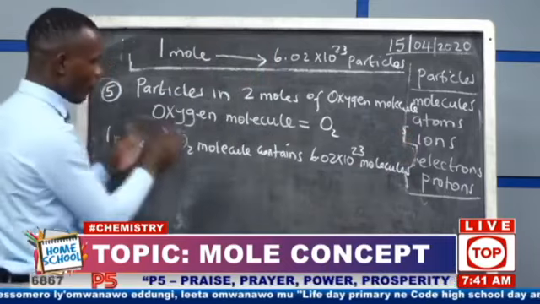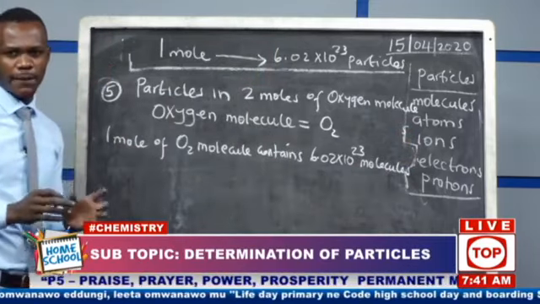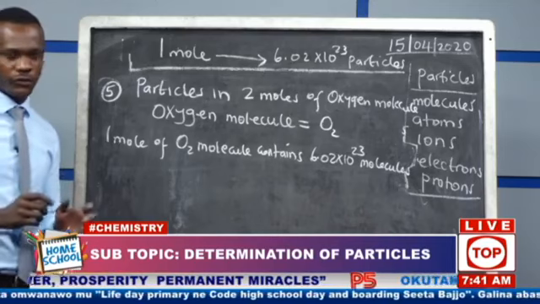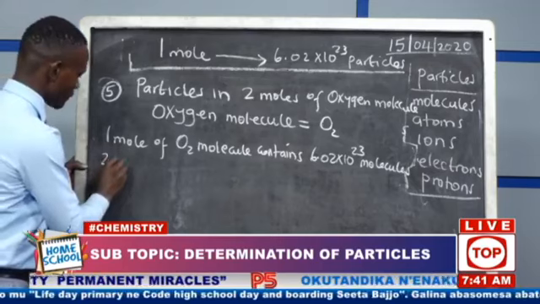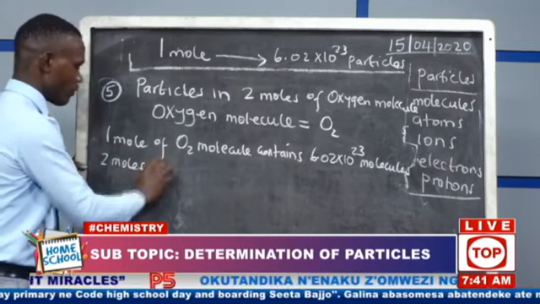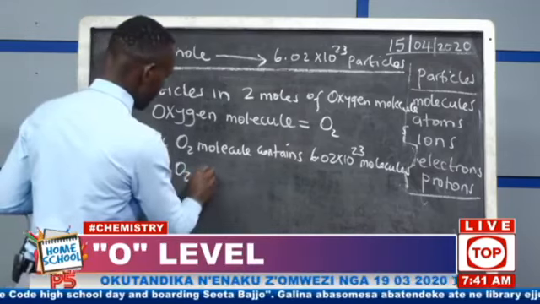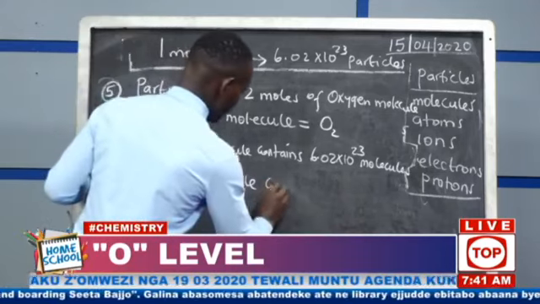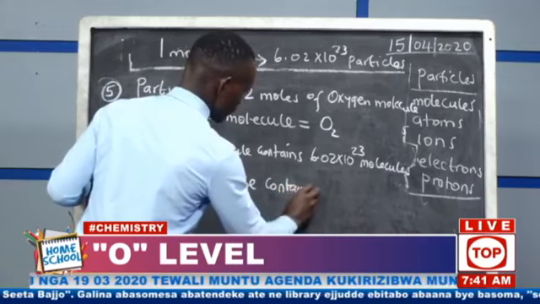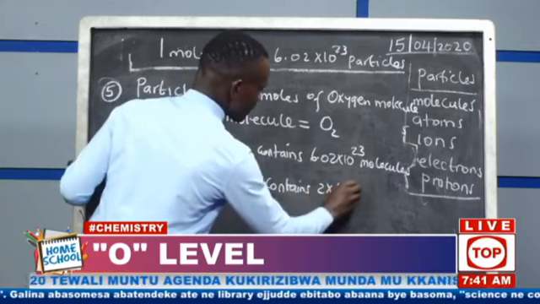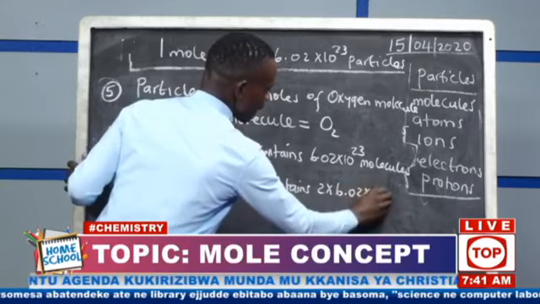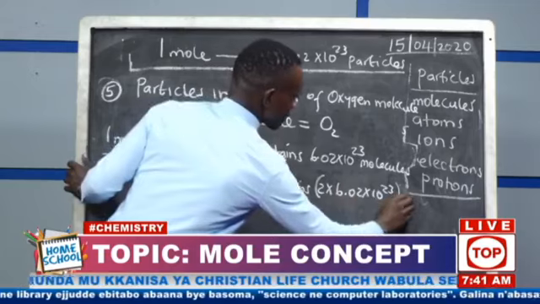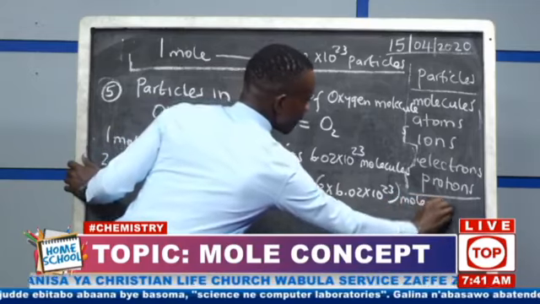Okay? If 1 mole contains 6.02 times 10 power 23 molecules, what about 2 moles? 2 moles of oxygen molecule will contain 2 times 6.02 times 10 power 23 molecules.